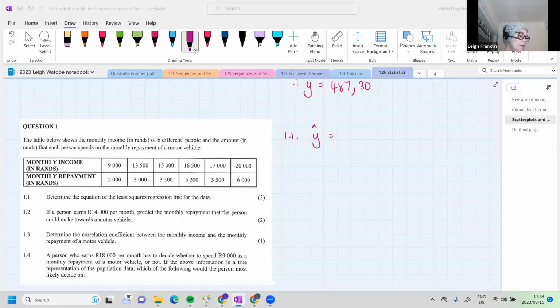That's it, Mamelo, well done. So the independent variable would be your x variable. Good, Gugu. Okay, so for your least squares regression line, that's it, well done.